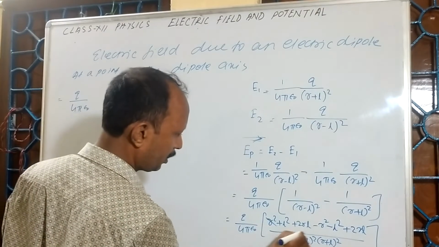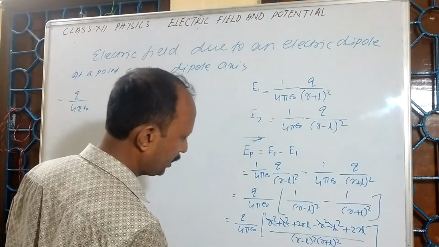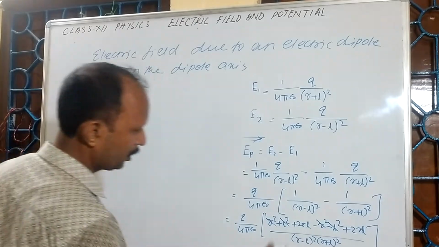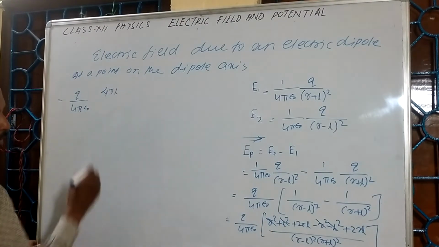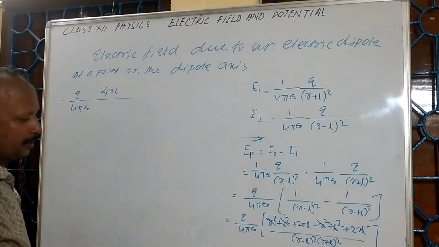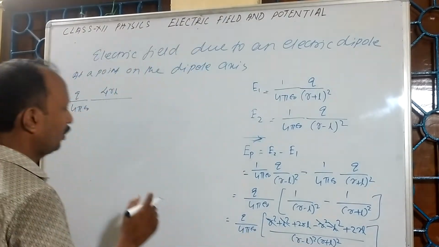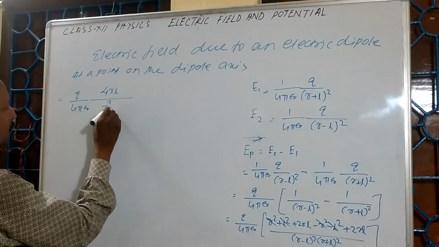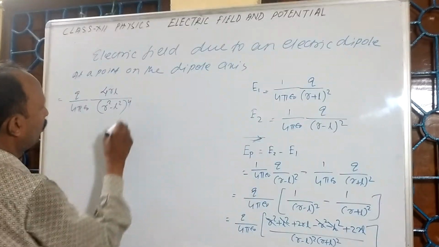This r square minus r square cancel, L square minus L square cancel, 2rl plus 2rl, that is equal to 4rl divided by, this is r minus L, r plus L.